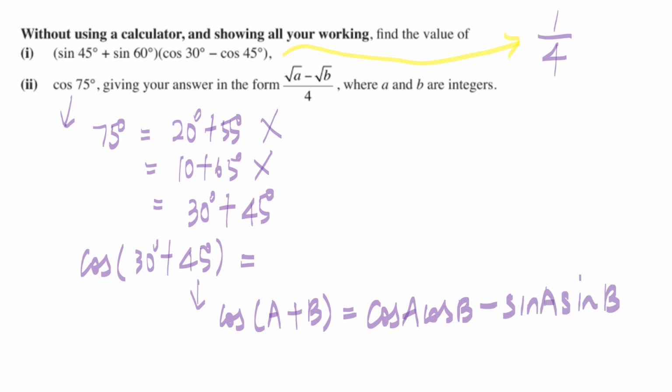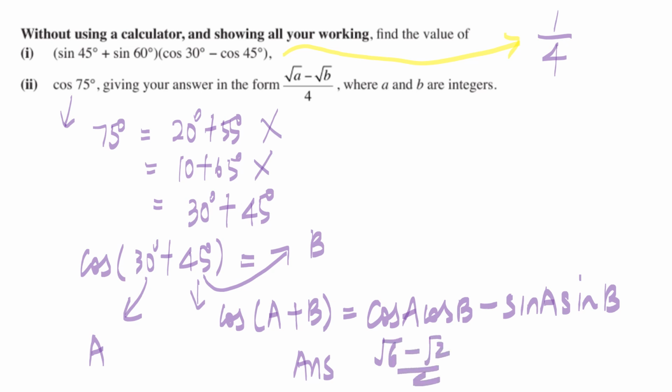It's not difficult. You can let angle 30 degrees be A, then 45 degrees be angle B. And I think the answer you should get would be square root 6 minus square root 2 over 4. Okay, try it.